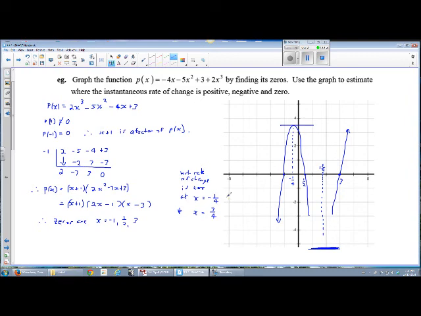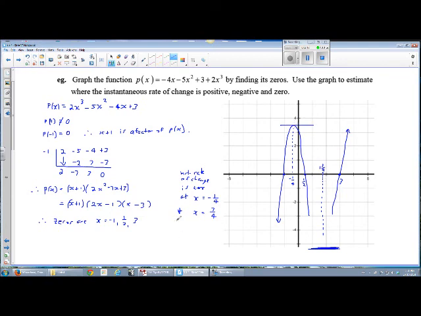Now, where it's going to be positive will be anywhere where the graph is increasing, so anywhere to the left of x equals negative 1/4, and anywhere to the right of x equals 7/4, and it'll be negative between x equals negative 1/4 and x equals 7/4.